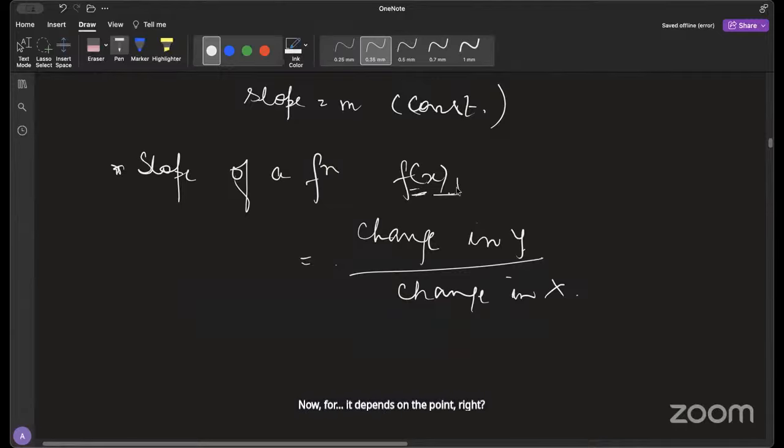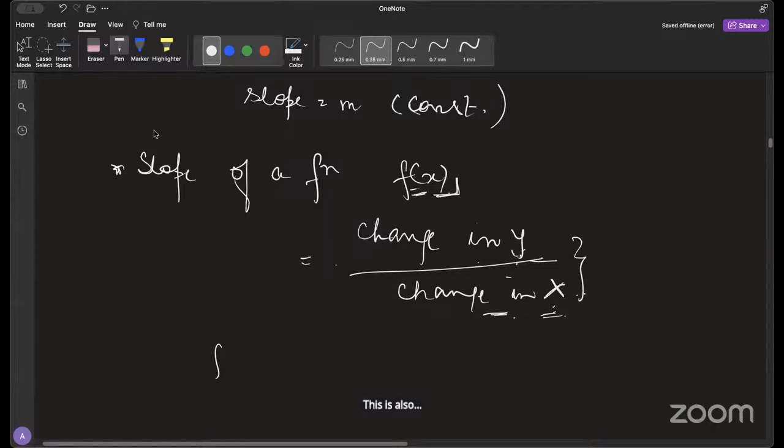But for a straight line, if you change the x coordinate by 1 unit, the change in y would be the slope of the function.